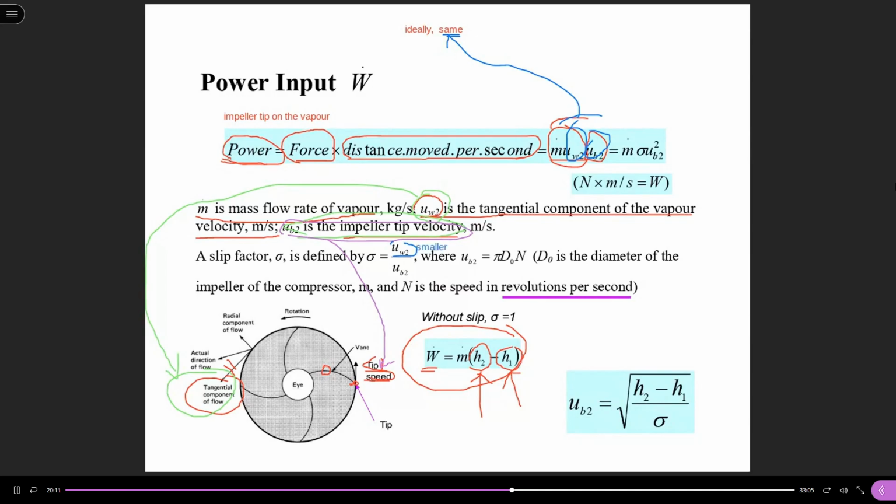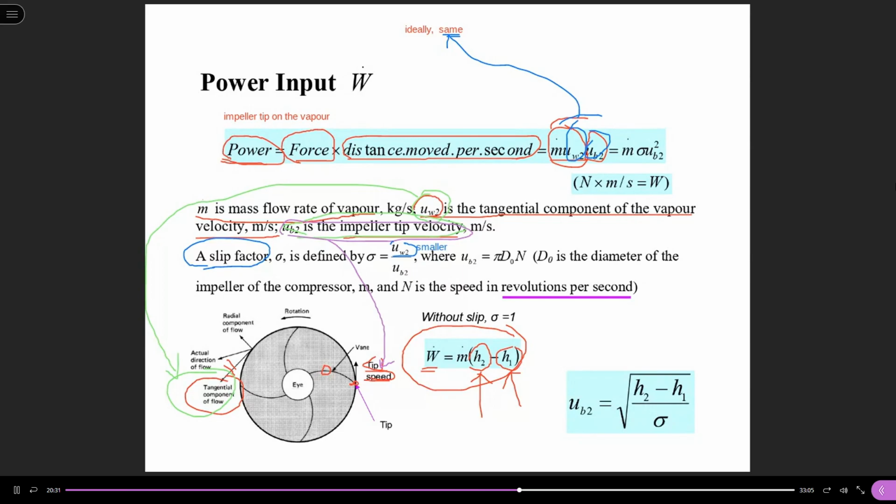So therefore, we use a slip factor to measure this effect. It is called the slip factor, defined as the ratio of the tangential component of the vapor velocity over the impeller tip velocity.